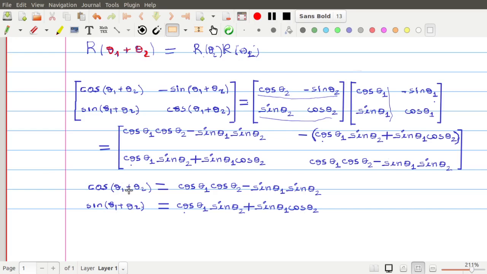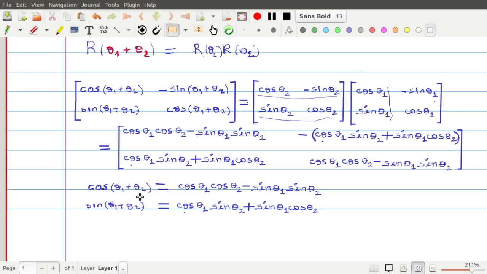Now for the cosine, you can see that when we have plus here, it's negative there, and for the sine, we have plus plus. So that is how you obtain the formula. Now, we can easily do the same if you have negative here, negative there.